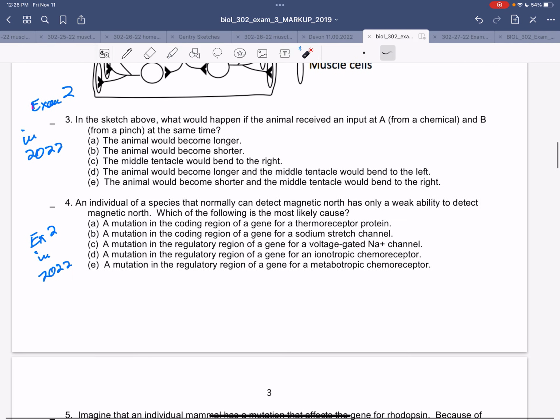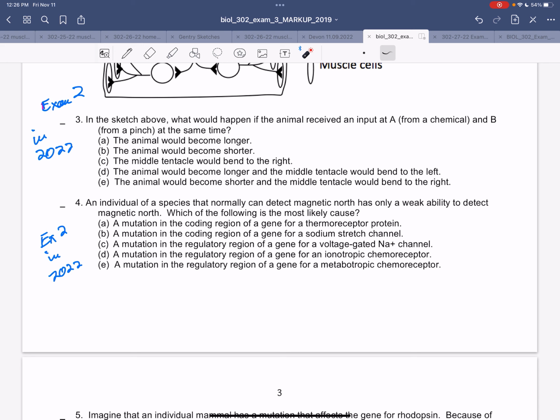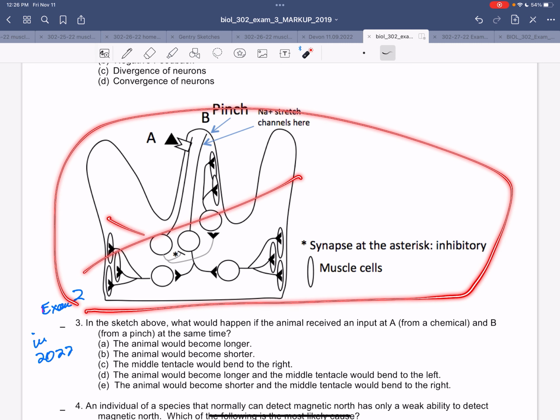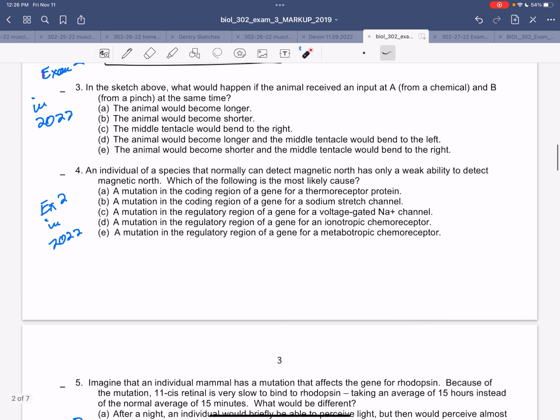I noted that there were some questions that are not really relevant here. They were on exam 2 for us because in 2019, exam 3 had some sensory system content and so on. So this one was exam 3, although I could ask you to do a neural circuit problem. This is another sensory system 1, sensory system 1.